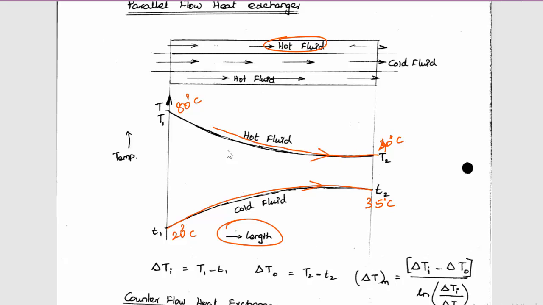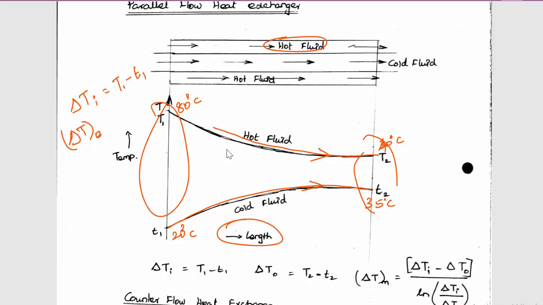Now, in the entry region, the temperature difference del T at inlet equal to T1 minus small t1. Similarly, at the exit of the heat exchanger, del T at outlet equal to T2 minus small t2.